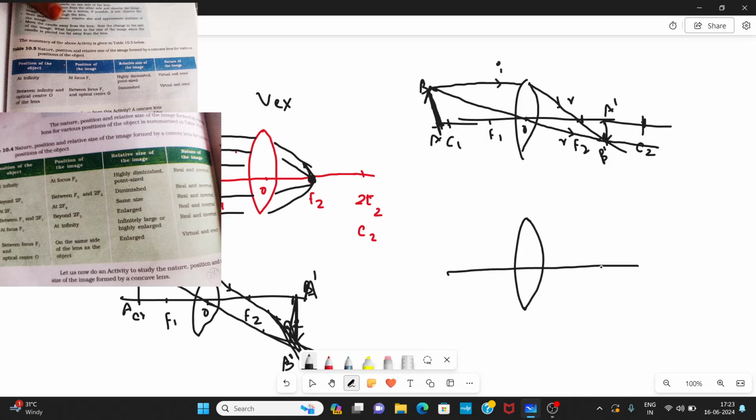let us keep the object in between F1 and 2F1. 2F1, F1, optic center, F2, 2F2 or C2. So I am going to keep the object here.